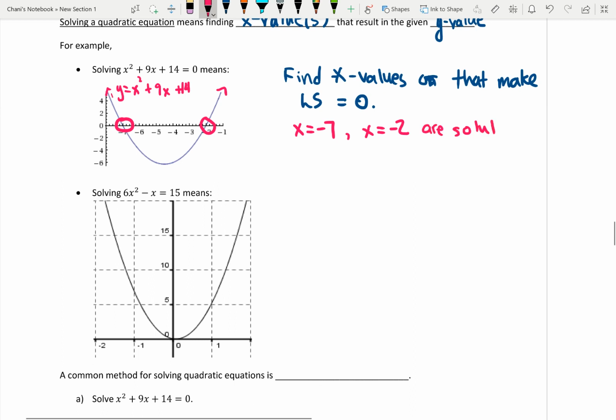Okay, in both cases, if I sub in -7, so -7 squared plus 9 times -7 plus 14, if you put that into the equation, it would give you 0.